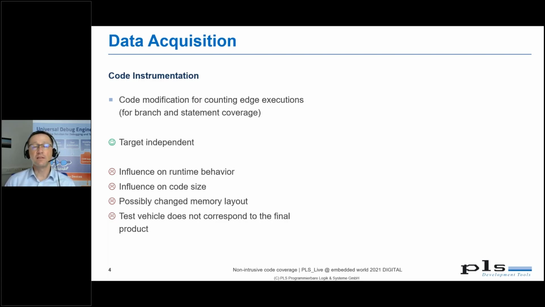You get a different memory layout because of this collected data. At the end, you have to be aware that the code under test, in this case, is not the code which will later be used in the final product and in the field.